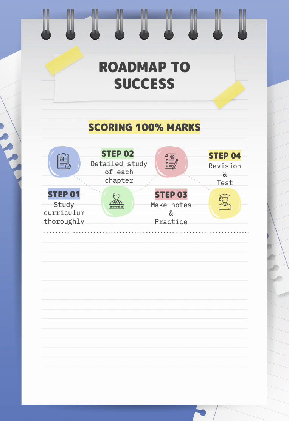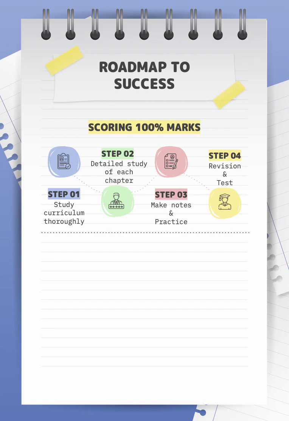Going along the curriculum will always keep you on the right track. Step 2 is the detailed study of each chapter, which is a must, and always enjoy studying or reading each chapter. Never ever emphasize cramming. We should always look for ways and means that could develop our interest in a particular subject.